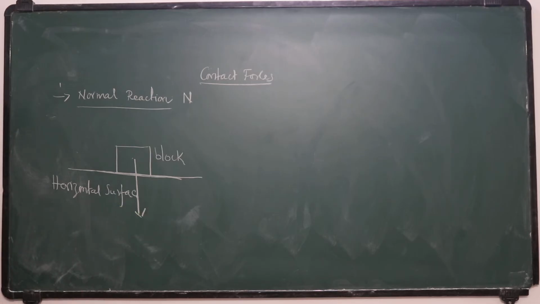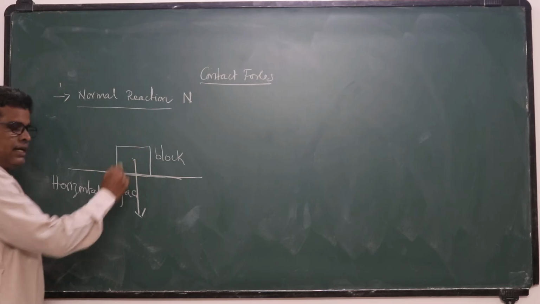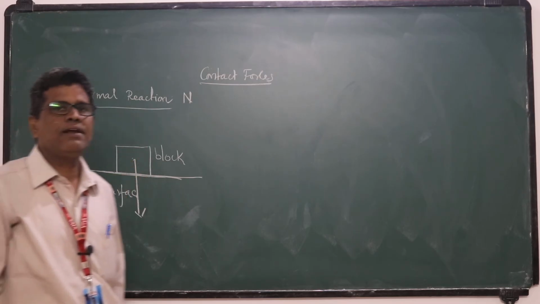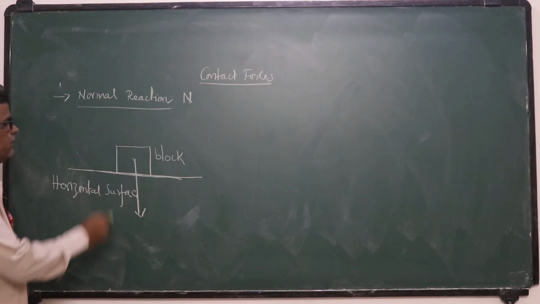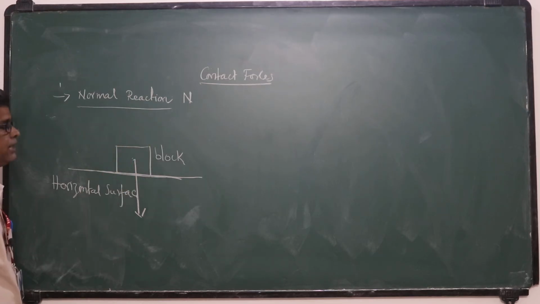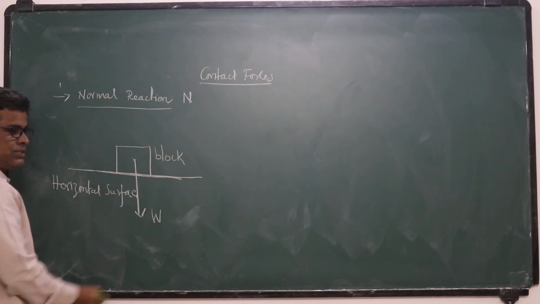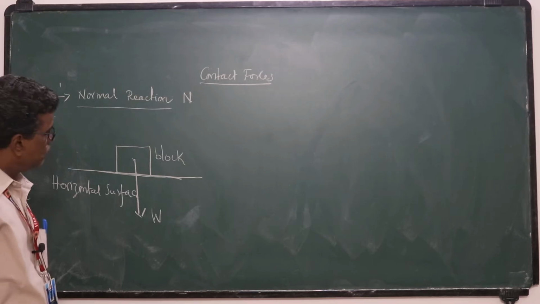We assume that this entire weight acts from the center of gravity, which for regular shaped bodies is at its center. So that is the weight of the body, which acts vertically downwards.